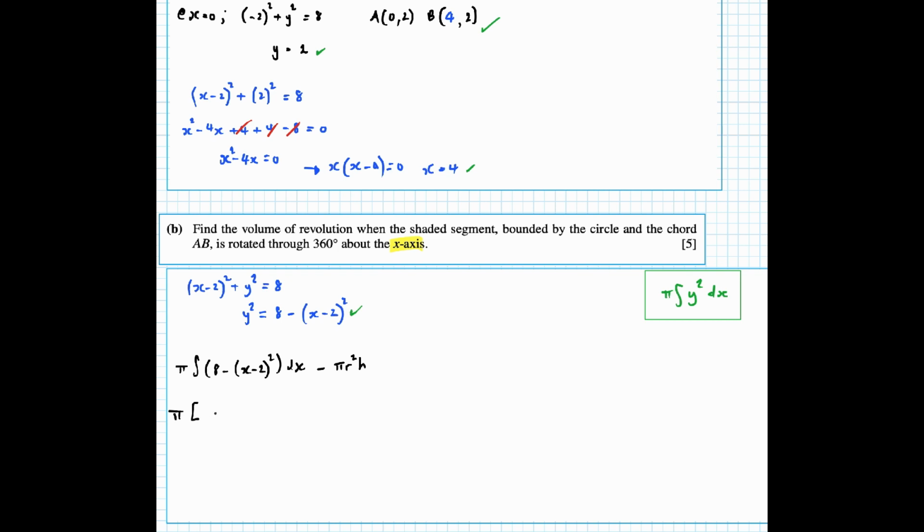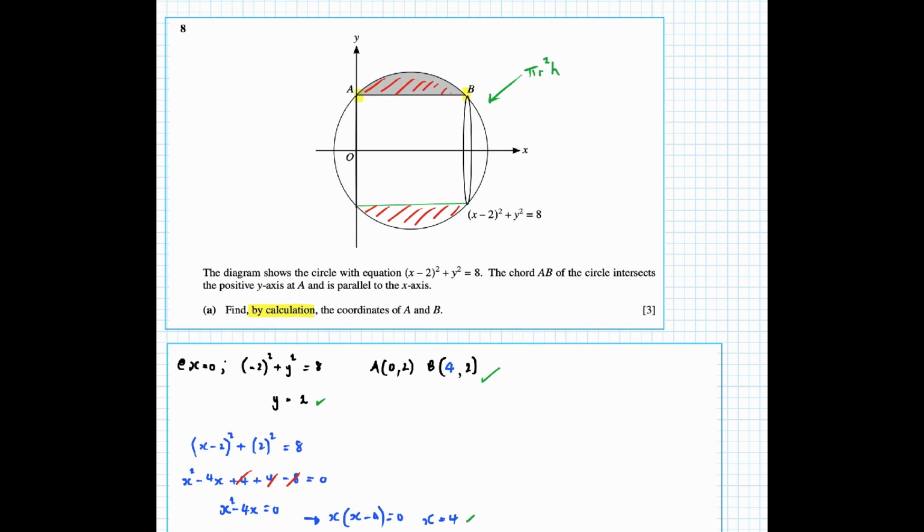Also take note where our boundary was. It went from 0 at the y-axis to 4. So our x value for B was 4, if you recall. So our boundary is 4, 0.